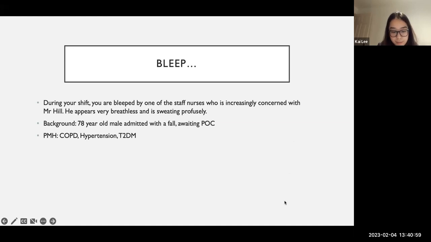We'll look at his fluid chart to make sure he's still passing urine, and we'll get accurate urine input and output from him. We'll also want to start antibiotics pretty soon. And we'll want to inform the senior, either the medical reg or someone within your team, and document what happened.